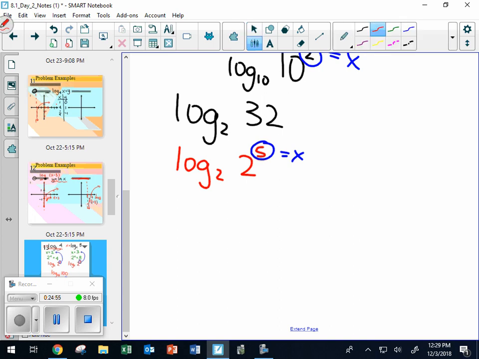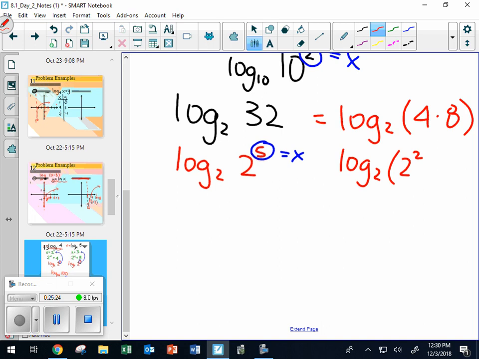If you can't do this though, what are some factors of 32? 4 and 8 are factors of 32. What if I just rewrote this as log base 2 of 4 times 8? I know that 4 is just 2 to the power of 2, and to get 8, I just need 2 to the power of 3.